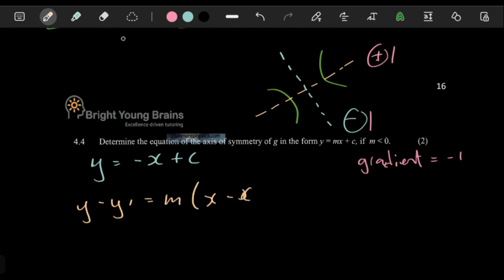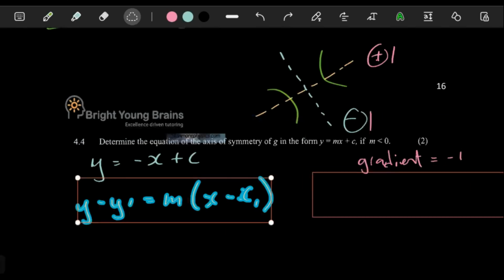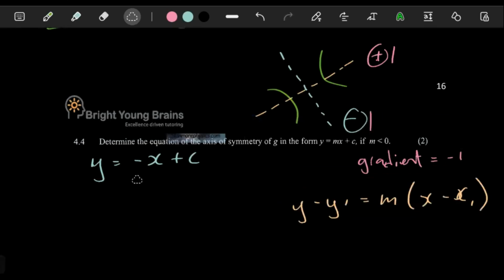This format allows you to get the value of c if you just throw in a coordinate that the graph passes through. You can do it here also, whatever floats your boat. But for the sake of what we have done so far, might as well work out c here by throwing in a coordinate that the graph passes through.